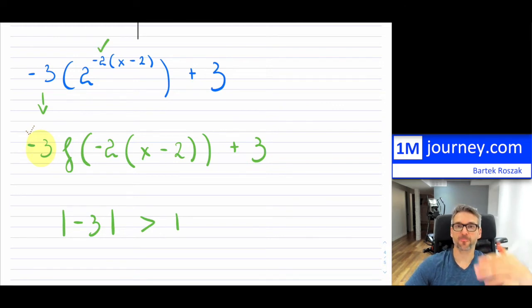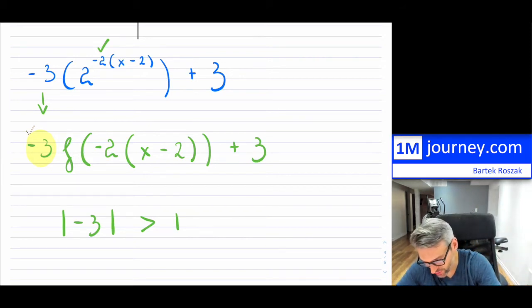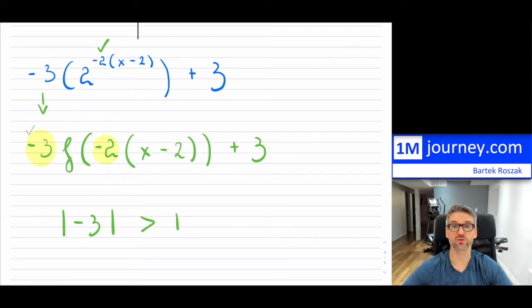That negative does a reflection in the X. So it's going to reflect it in the X. Before I actually reflect it in the X, I'm going to do that reflection after I see what the actual compression or stretching is done by this D, this -2, which is 2 in general.